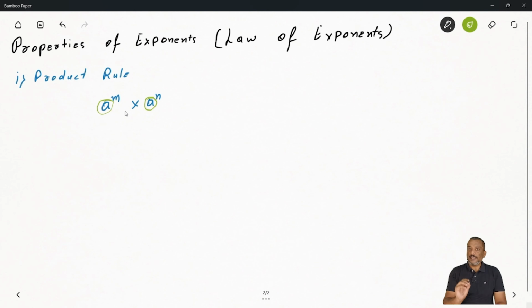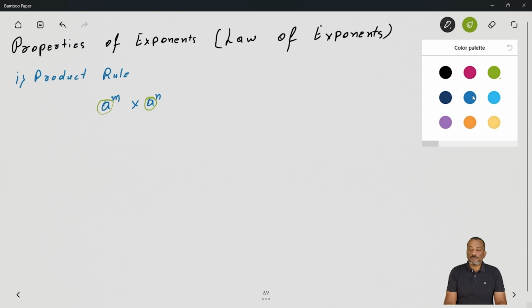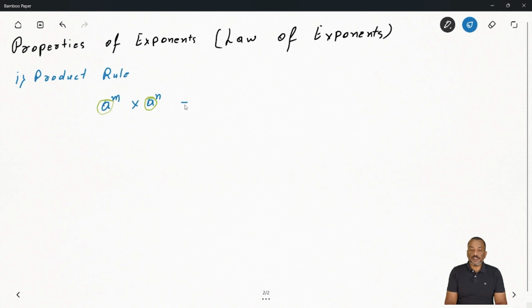Both base is a. So how can we solve this type of question? Whenever such a type of question comes, we follow certain properties. So we can say a exponent m plus n.